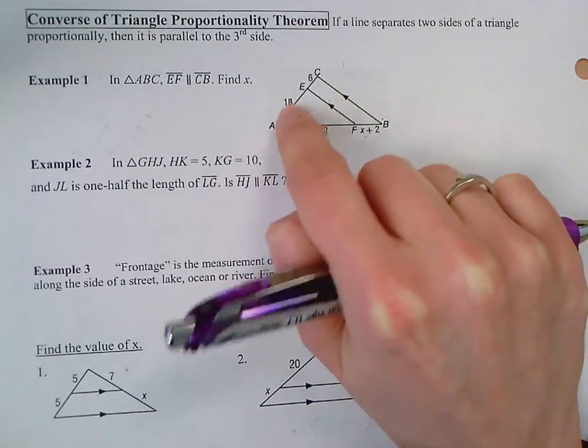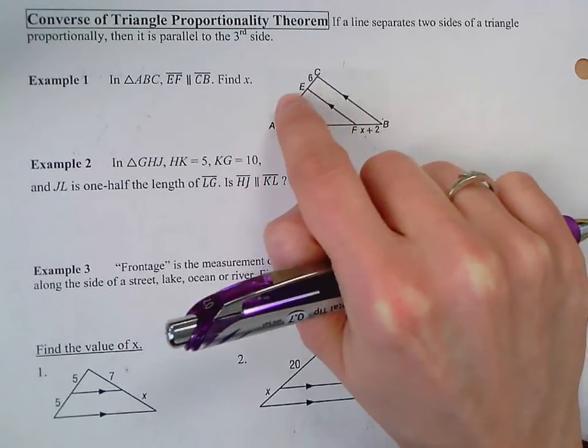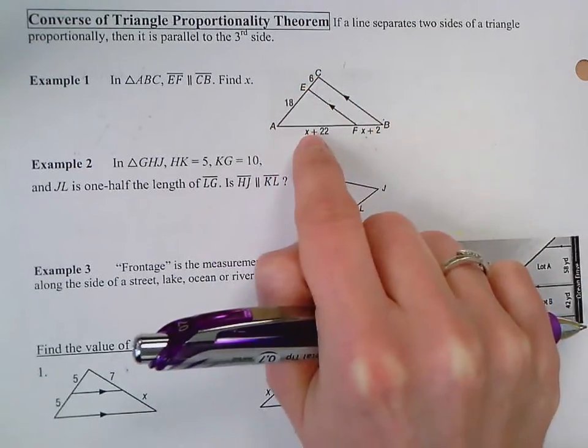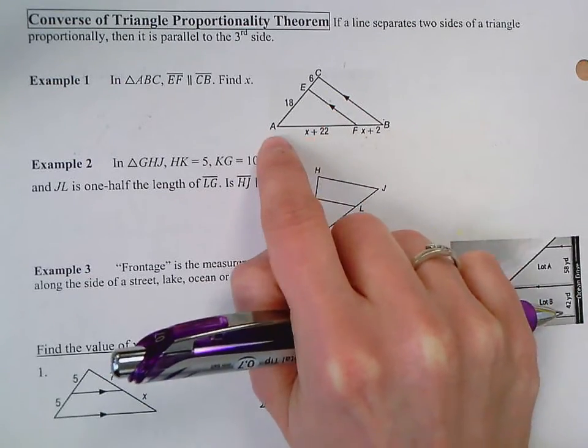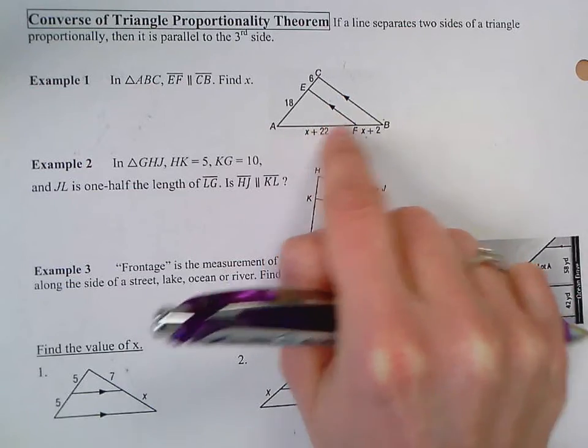So I did 18 over this entire side by adding these together. And then I did AF, so the X plus 22 over this entire side by adding these together.